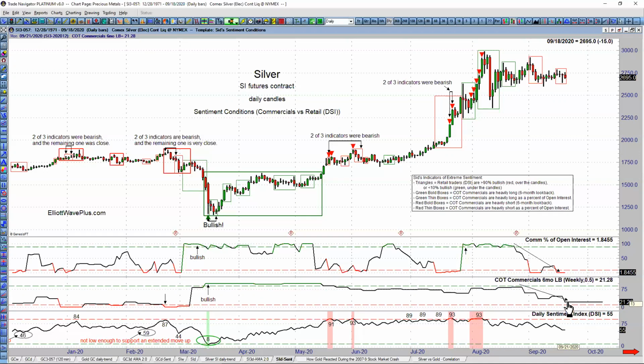Commercials' positioning in comparison with their most bullish and bearish positioning over the last 6 months is short, not heavily short yet, but heading that way fast. These two indicators to me indicate the direction of the breakout will be to the downside. I know I've said that a million times.